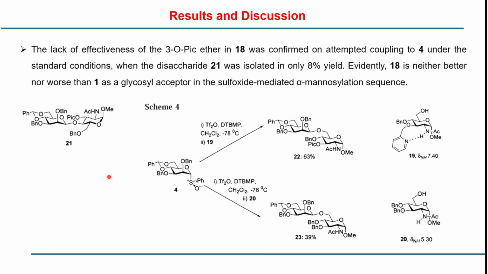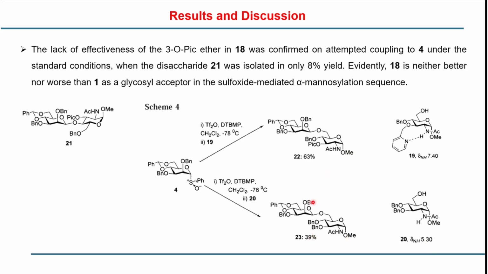To test it out, they took 19 and 20, where the C6 was a free hydroxy. In the same way, they took donor 4, followed the same protocol, activated the donor and added acceptor 19. They got 63% yield, and in the case of 20, they got 39% yield.